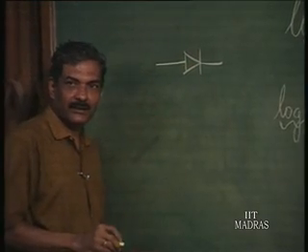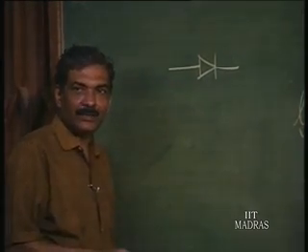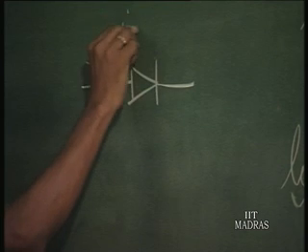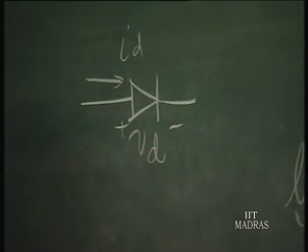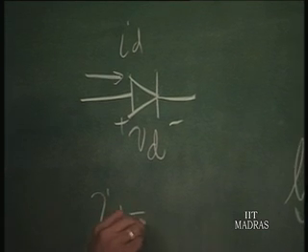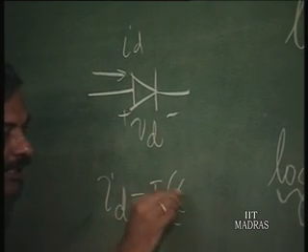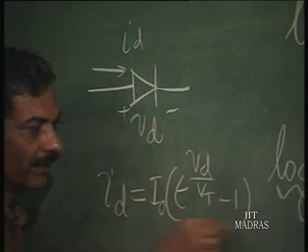In the case of a diode that we had discussed long ago, we know that the voltage and current relationship of a semiconductor diode is logarithmic. That means the forward current, when it is forward biased, ID is equal to I naught exponent V diode by Vt minus 1.